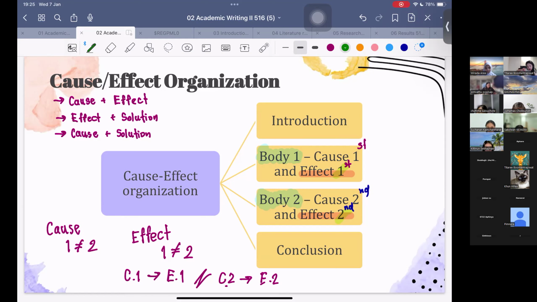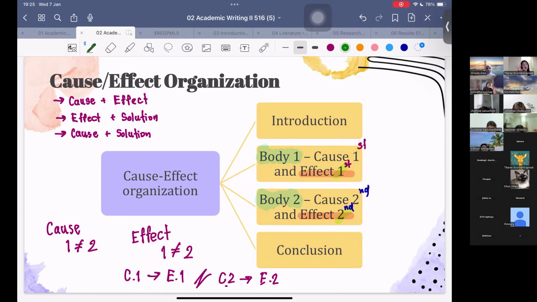Cause 1 leads to this effect, so that's why I say effect 1. In body paragraph 2, I list the second cause, which is a totally different cause. So I go for cause number 2 and then effect number 2.